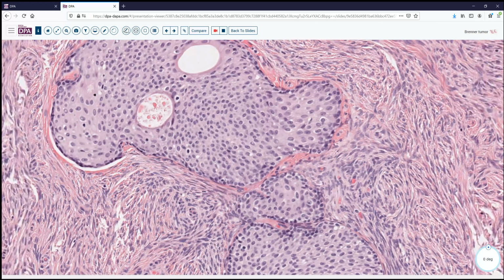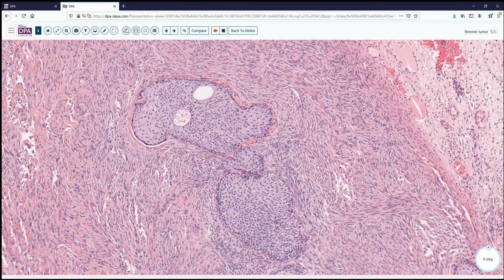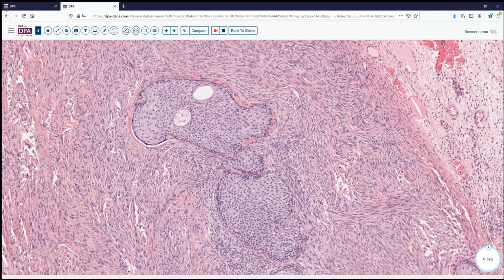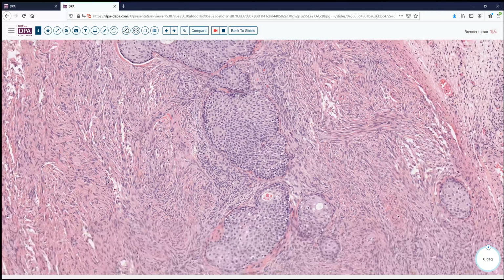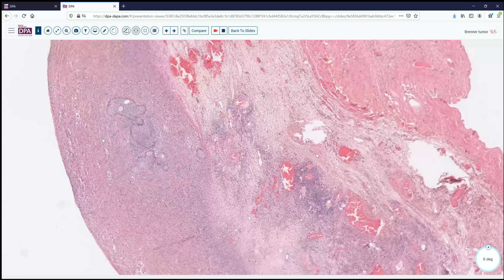If we look closely, we can see some nuclear grooves, very bland appearing nuclei, a slight surface flattening around these lumina if they're present. No worrisome features here, and then a surrounding storiform or fibrotic stroma that is a little distinct from the rest of the ovarian stroma gives you this appearance. So a completely benign little lesion in most cases, as I said, most often incidentally discovered.